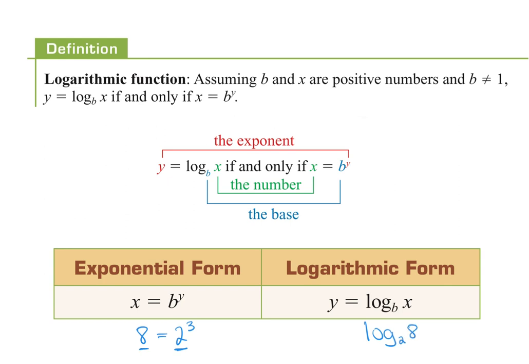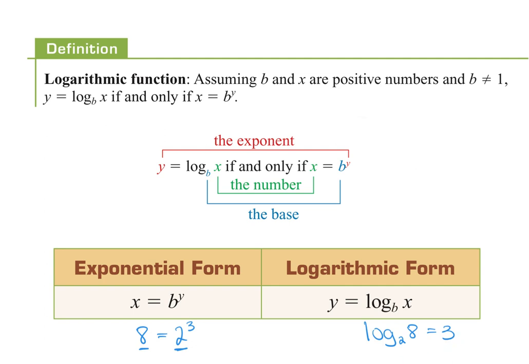What we're asking here is, what power do I take 2 up to be equal to 8? What power of 2 do I have to raise this to get 8? Well, that power is 3. And so you can see how they convert. 2 cubed equals 8, so log base 2 of 8 equals 3.